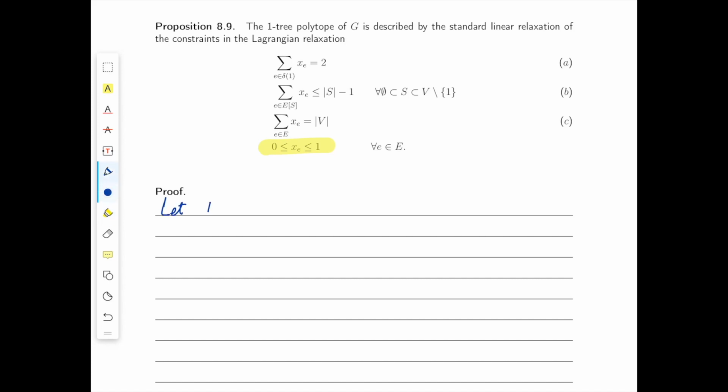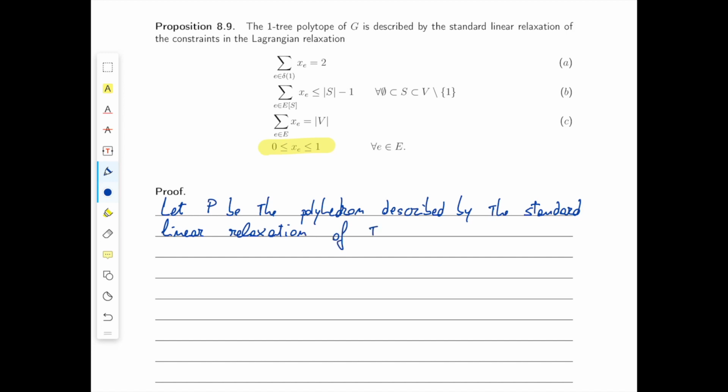So let P be the polyhedron described by the standard linear relaxation of the constraints in the Lagrangian relaxation.